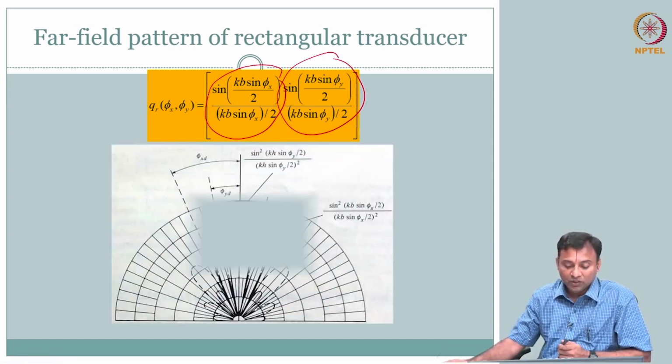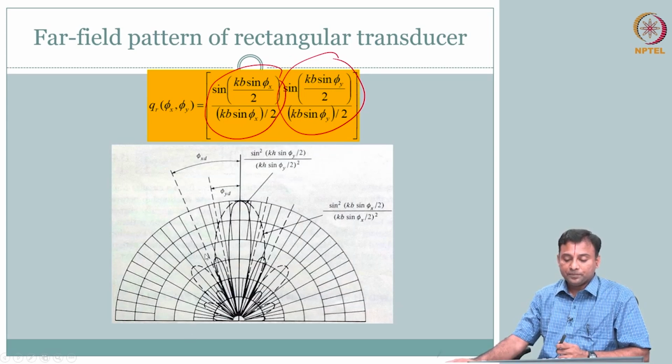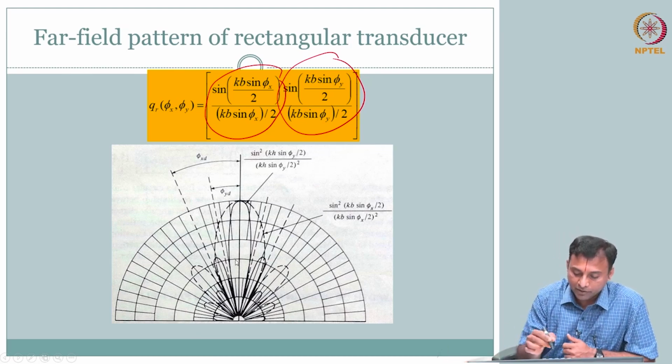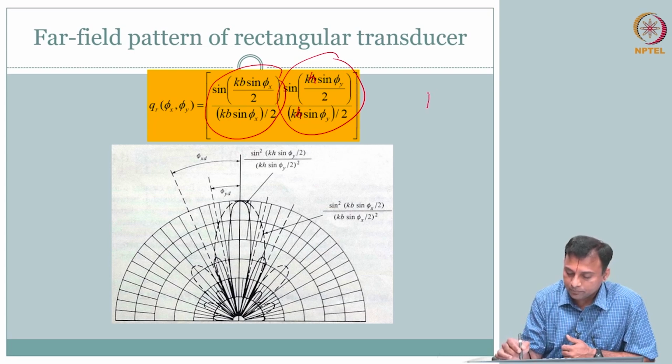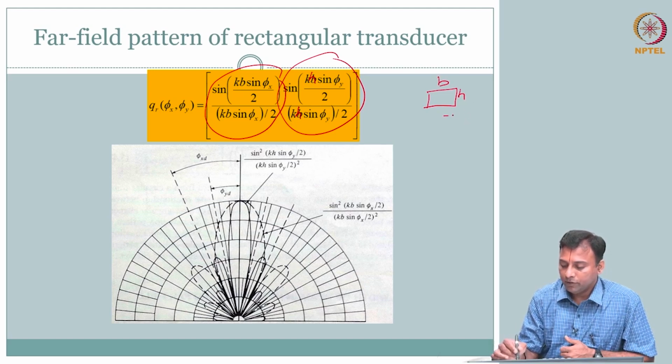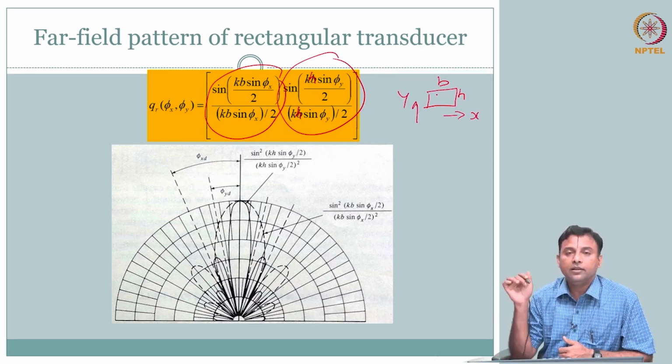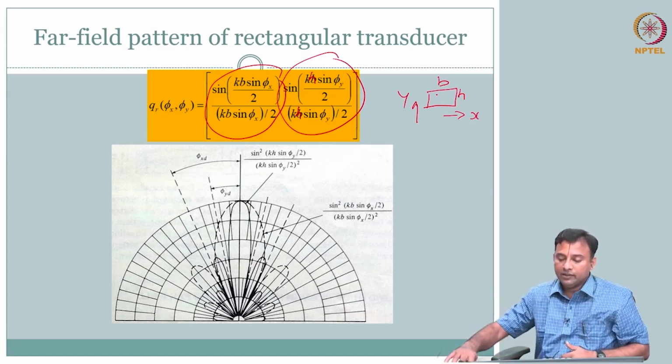So it turns out that, here, I think I made a mistake. One has to be h. So the x direction is B, y direction is H. So this is your x direction, this is your y direction, z is in and out of the plane that is coming in.